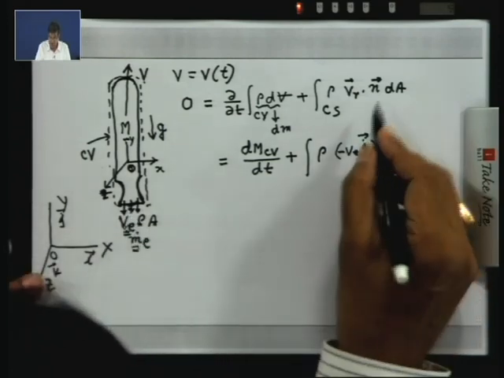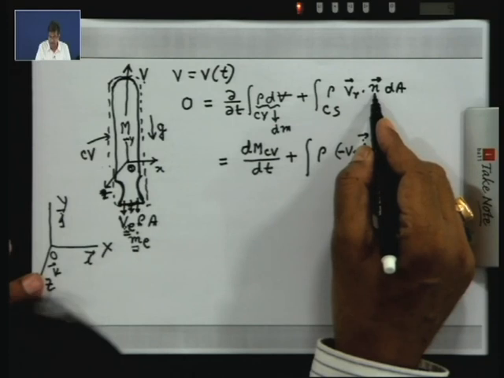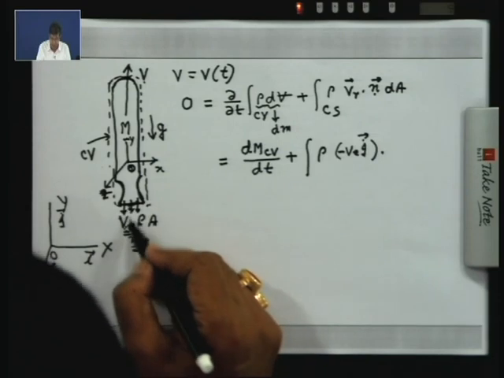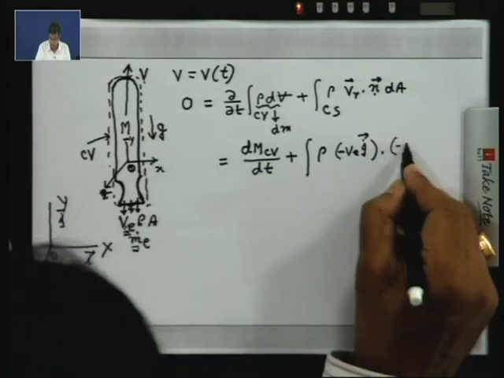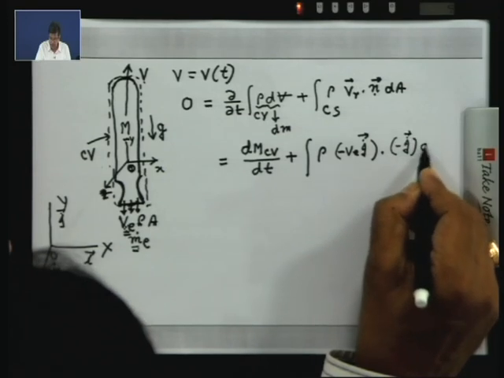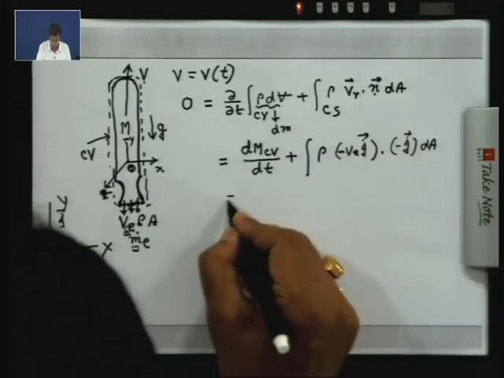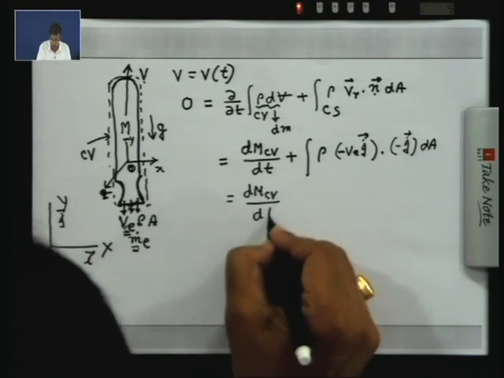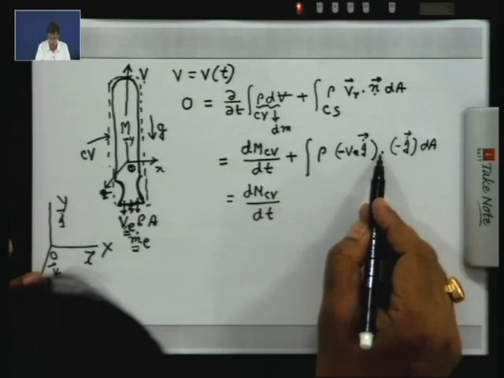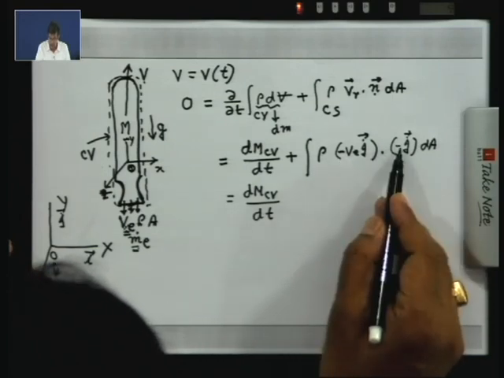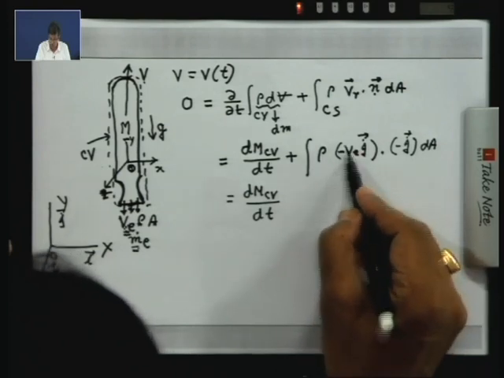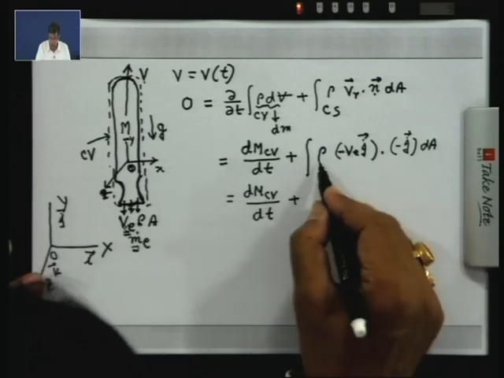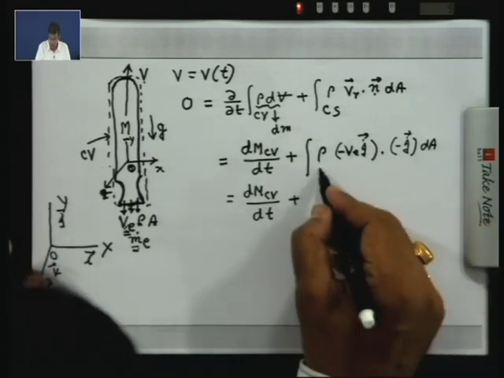Dot, what is the implication of n? Physical significance is the unit vector in the outward normal direction, which is again minus j. So, therefore, minus j dA. So, this becomes equal to dm CV dt, then minus j dot minus j, j dot j is 1. So, minus minus plus 1, rho V is constant by the definition of the problem. We can take rho V out and then integral dA over the control surface.